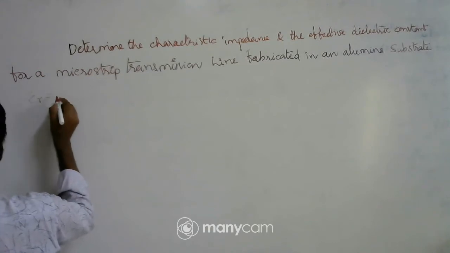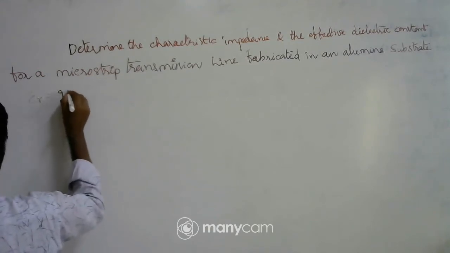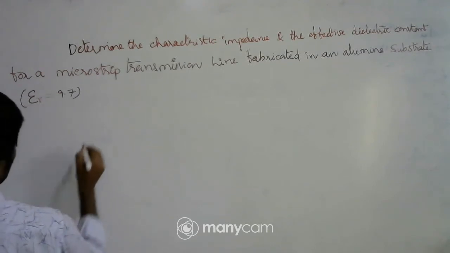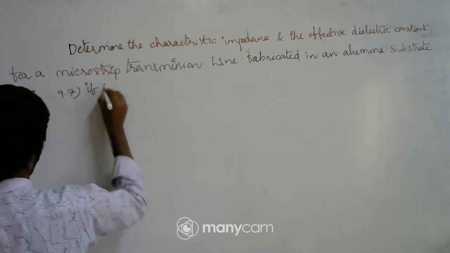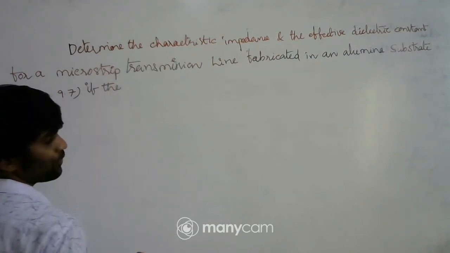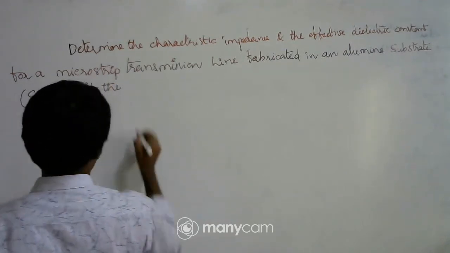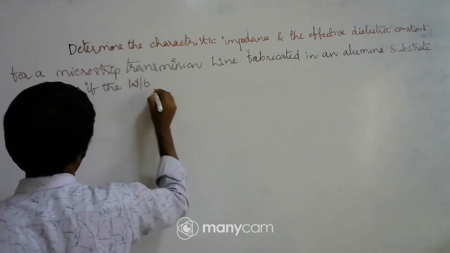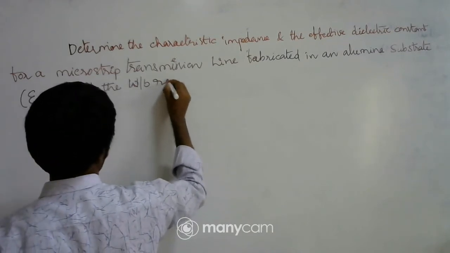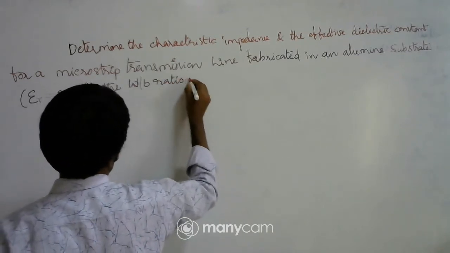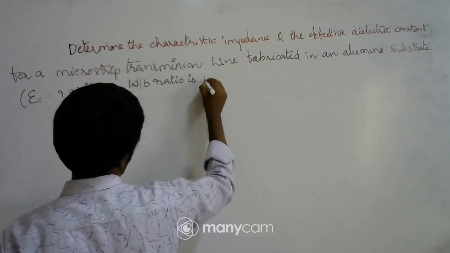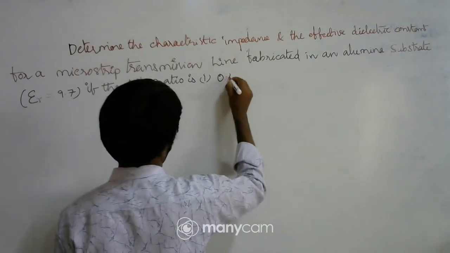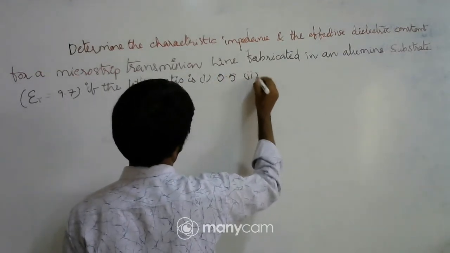Epsilon r is equal to 9.7. If the W by B ratio is, first case 0.5, second case 5.